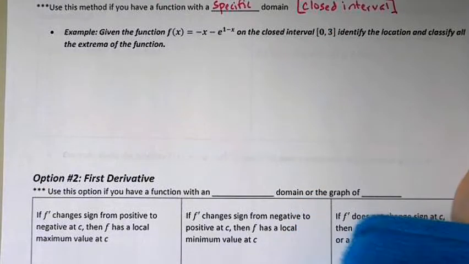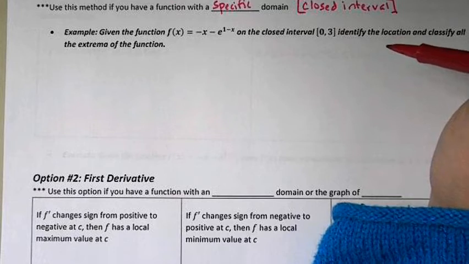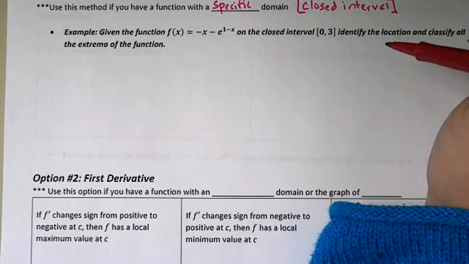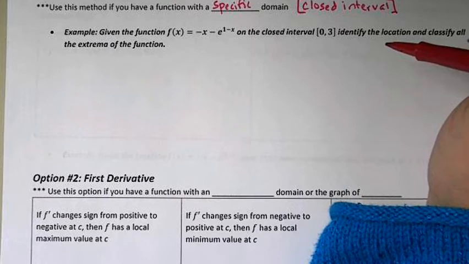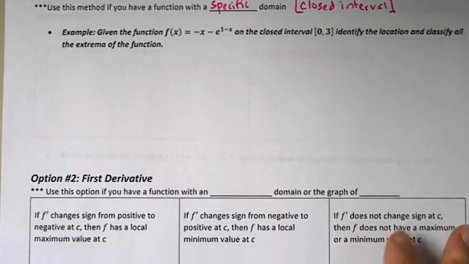We most often use this option when we're looking for absolute mins and maxes. We can use it for other things also, but normally when we're looking for the absolute mins and maxes is when we use the options list.